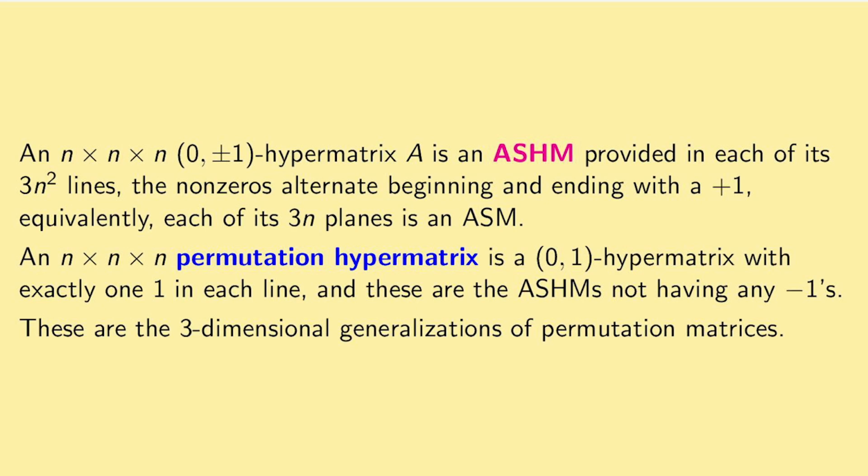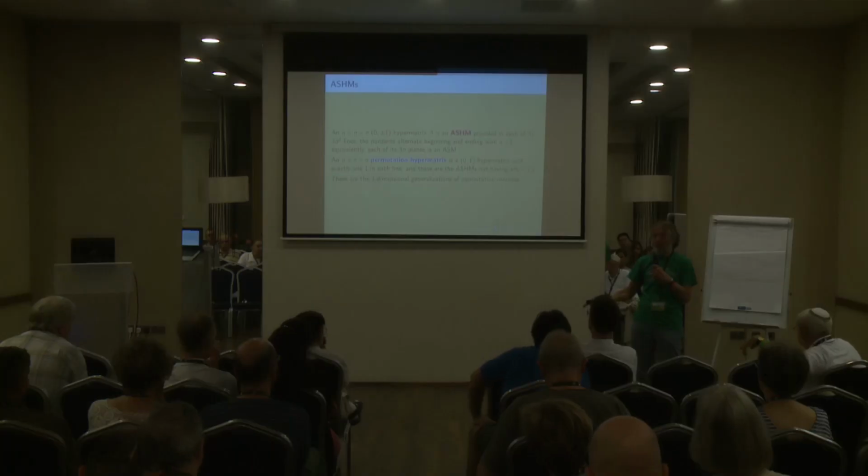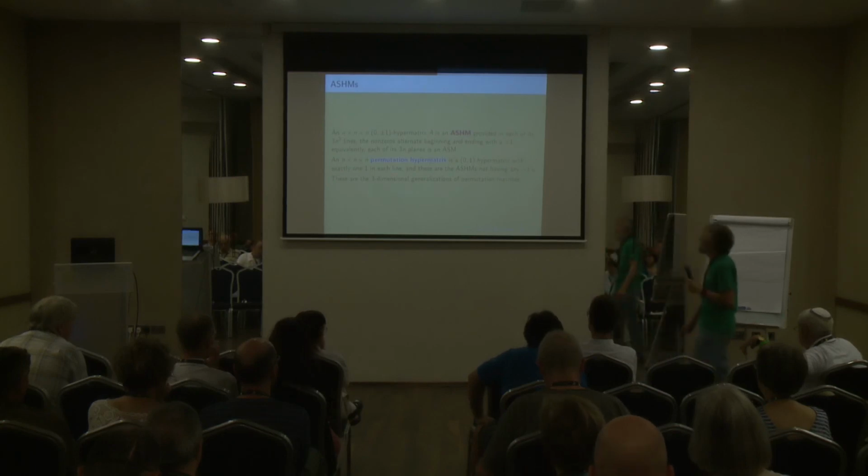All right, so here is what we call an alternating sign hypermatrix, ASHM. It's simply a 0, plus or minus 1, n by n by n array, so that it has the alternating property in the lines in all possible directions. Okay, there are lots of lines, okay? In fact, how many are there? I guess 3n squared, right? You have n squared in each direction there, okay?